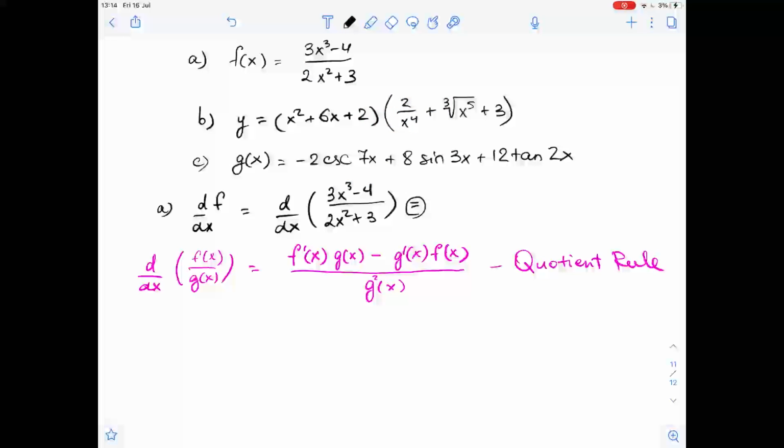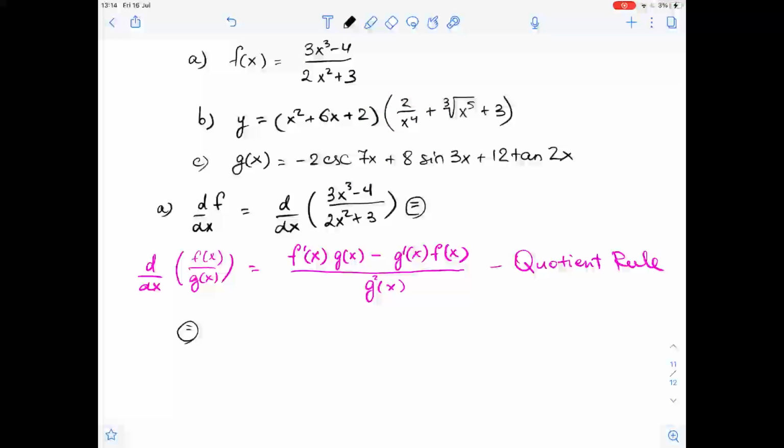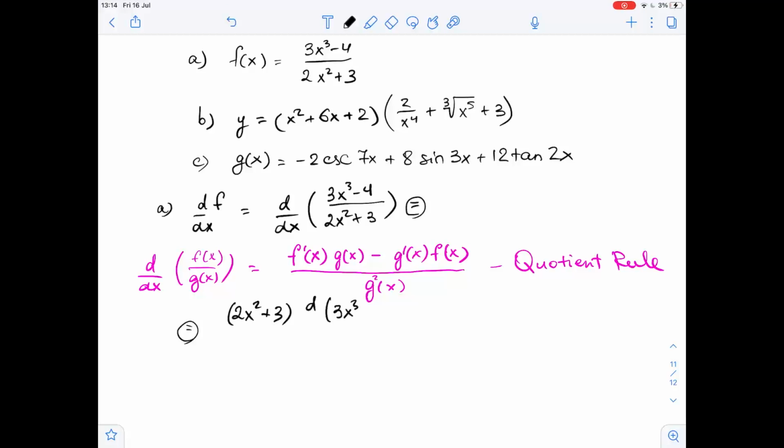So if we use this rule in our case, we get that this expression equals 2x squared plus 3, so g of x, times the derivative of 3x cubed minus 4 with respect to x, minus the derivative of 2x squared plus 3 with respect to x multiplied by 3x cubed minus 4.